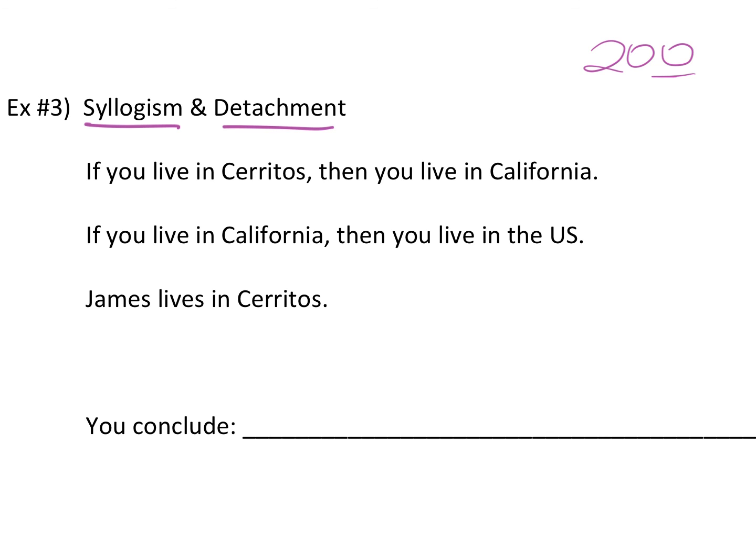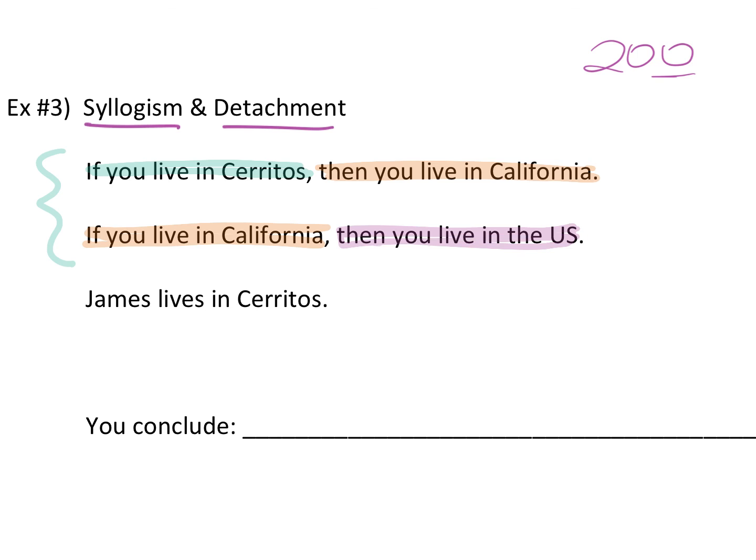Okay, here it is. I'm gonna color code and we're gonna talk through, starting with the first two statements. If you live in Cerritos, then you live in California. If you live in California, then you live in the US.